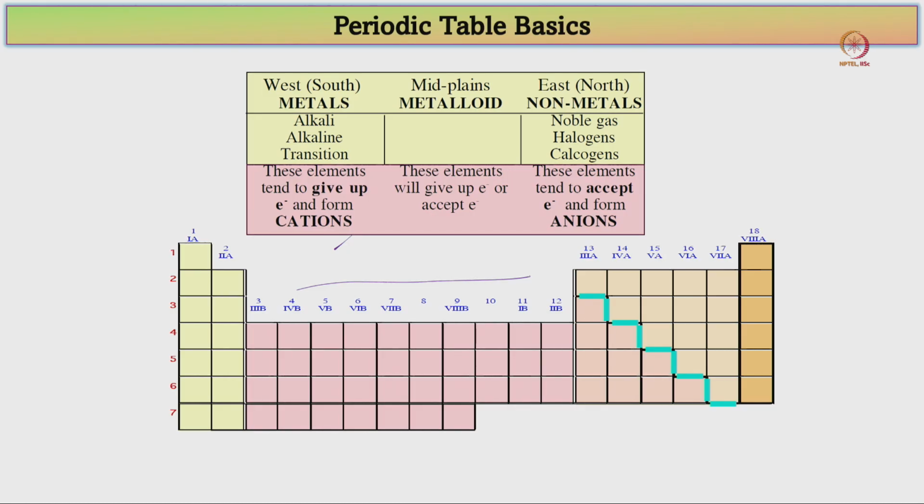So, this group of elements can behave quite variably. Again, there is a very particular group of elements starting from here. These mostly accept electrons, and therefore, they are called the anion group of elements.